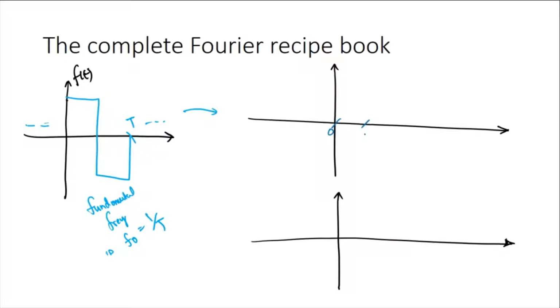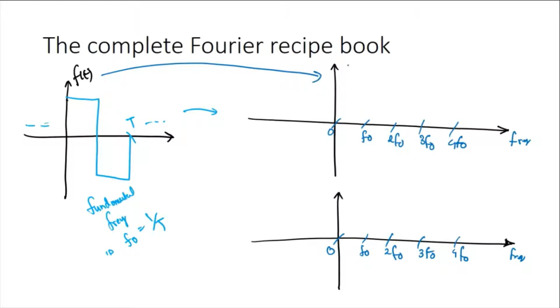You will have 0, f naught, 2 times f naught, 3 times f naught. These are the sine waves that will be present. So these are the only frequencies you will need. And generally, notation-wise, we just use capital F of 2 pi j times f, and this is magnitude, and we also need phase, the angle of F of 2 pi j times f. And there you go. That's going to be your Fourier recipe book.